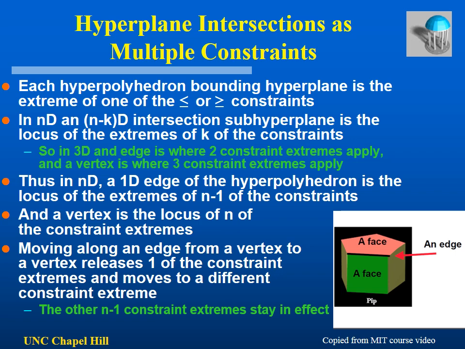The line is simultaneously in the top face and in the face facing us, and so it corresponds to the extremes of both the top face and the facing face. The vertex on the left adds the left side facing face to the constraint. And then all three of those constraints apply.